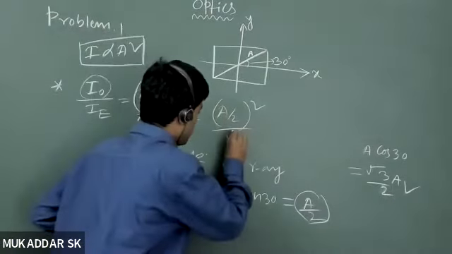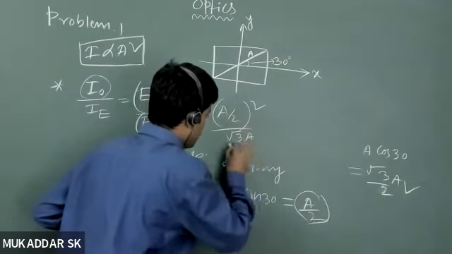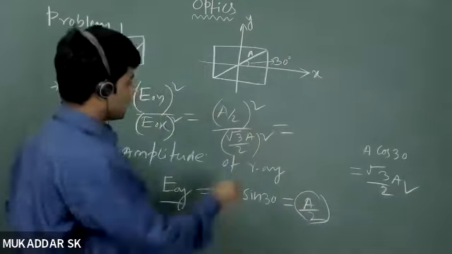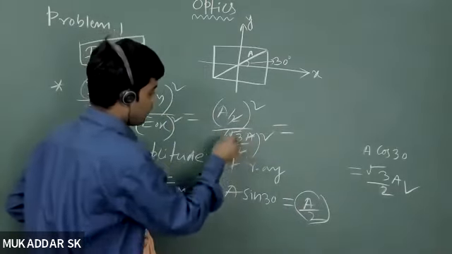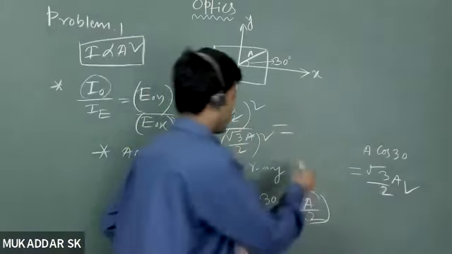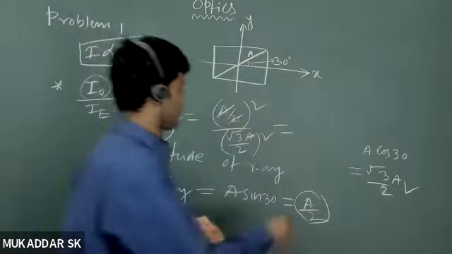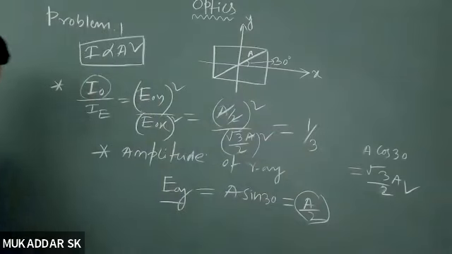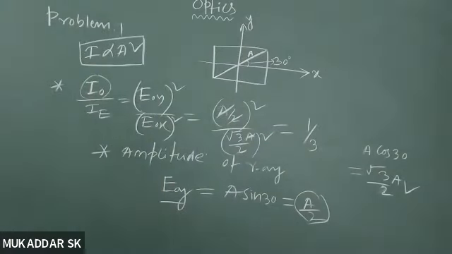So it is (A by 2) whole square divided by (root 3 A by 2) whole square. The 2 will cancel, A will cancel, and it becomes 1 by root 3 square, so 1 by 3. The ratio of intensity of O ray to that of E ray is 1 by 3.